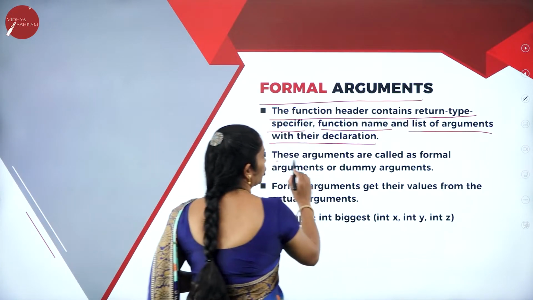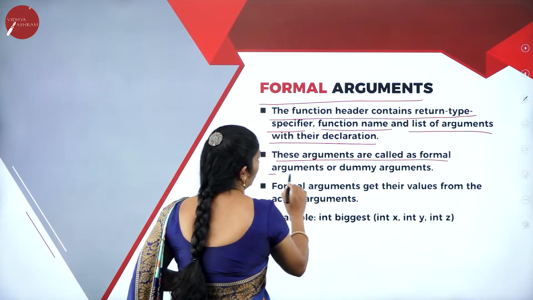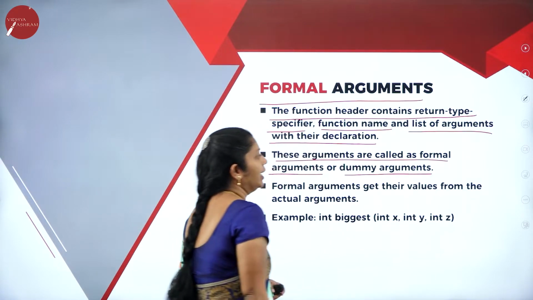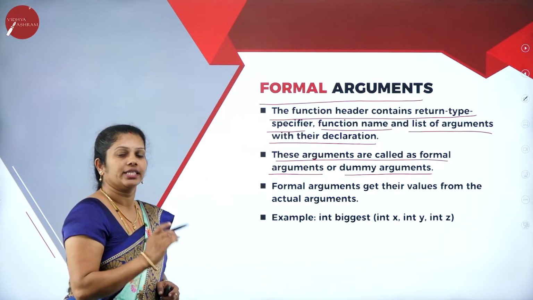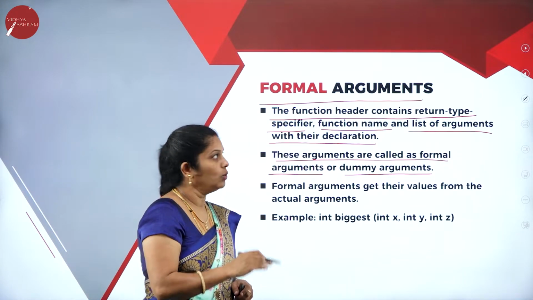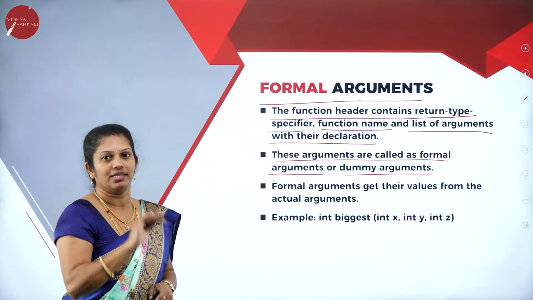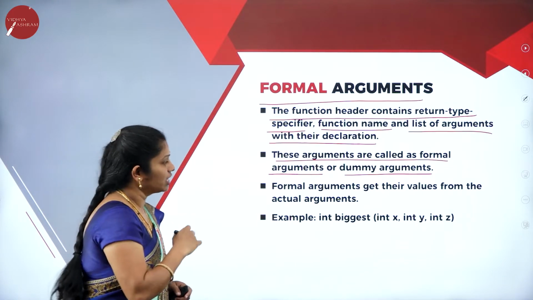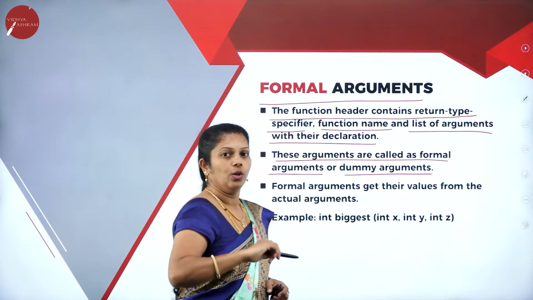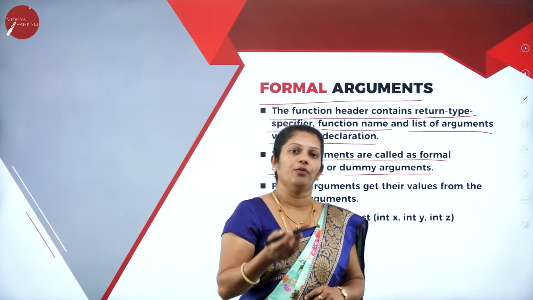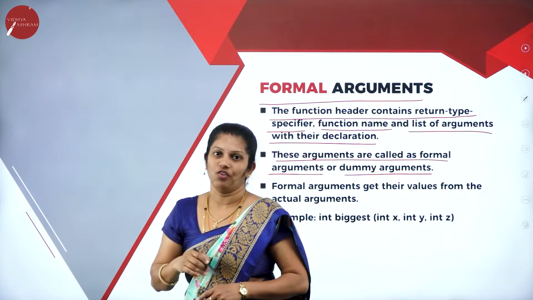These arguments are called formal arguments, or dummy arguments. Actual arguments are the original values, whereas formal arguments are dummy values, a copy of that.